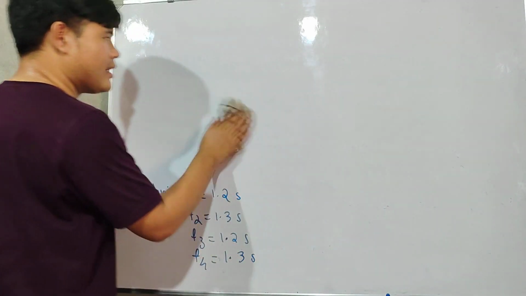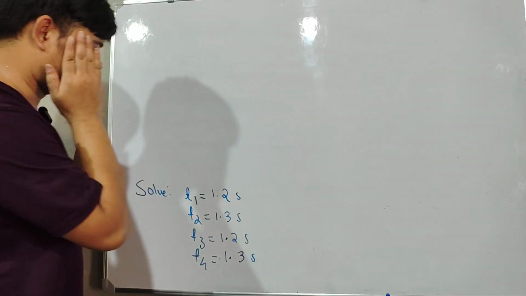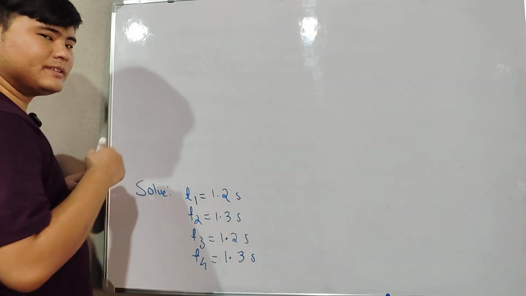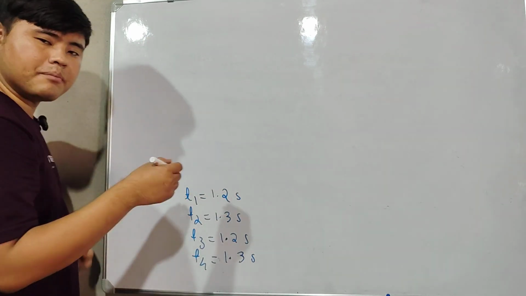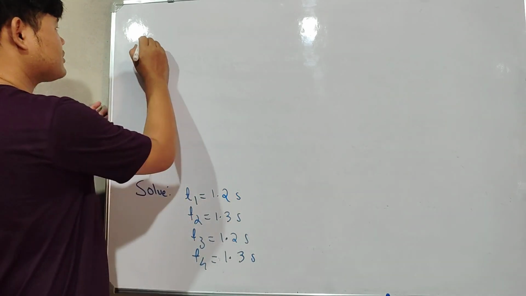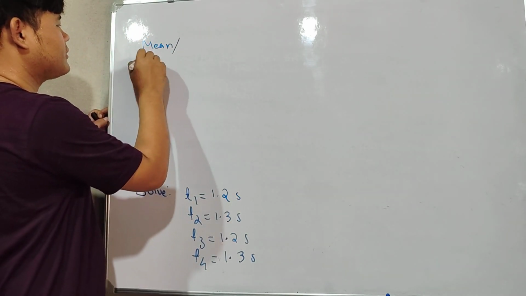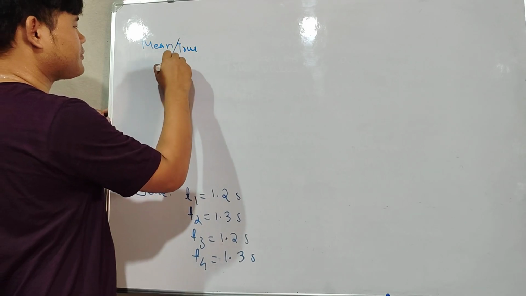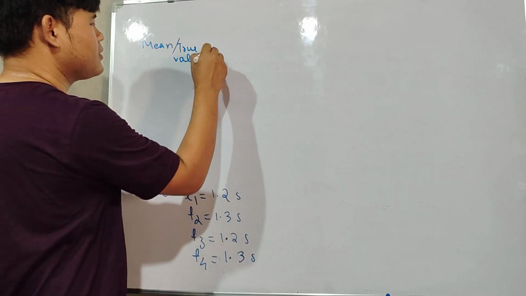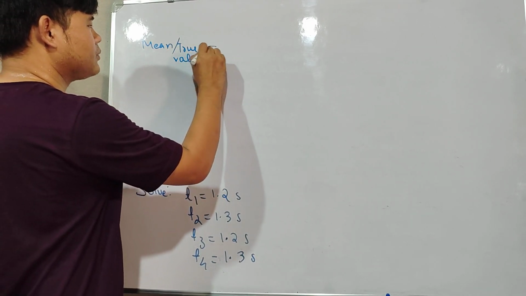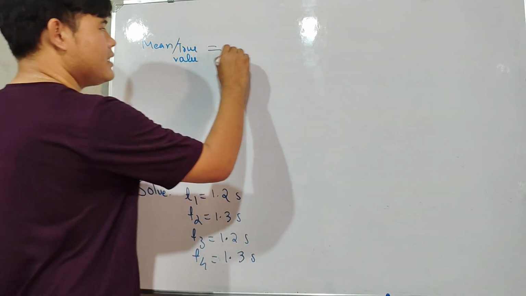Now the true value is not provided, so we have to find that true value. What is the true value? The true value is the mean. The mean is our true value. So how can we find the mean?